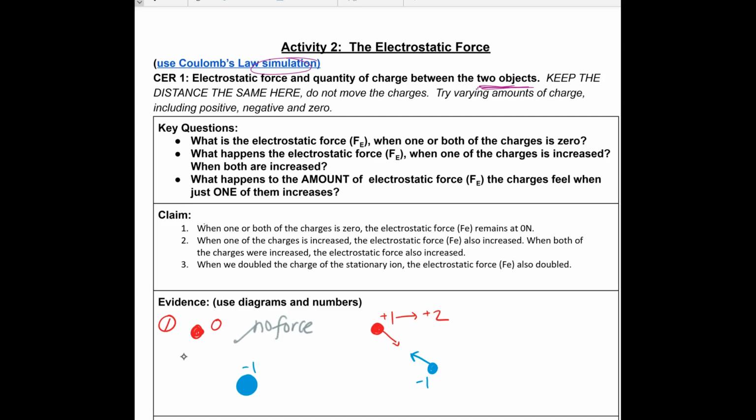We saw that the electrostatic force went from 3.7 times 10 to the -9th, and when we changed it to +2, it went up. It went to 7.4 times 10 to the negative 9th. I should always use my units, newtons. And so that is your claims and evidence for number 1.